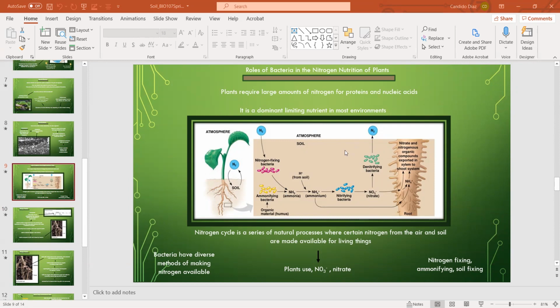And so that is what's allowing plants to grow, allowing ultimately higher level organisms to grow. And part of that is there's all this diversity in how they undergo these processes. Yeah, so I hope that answers those questions.